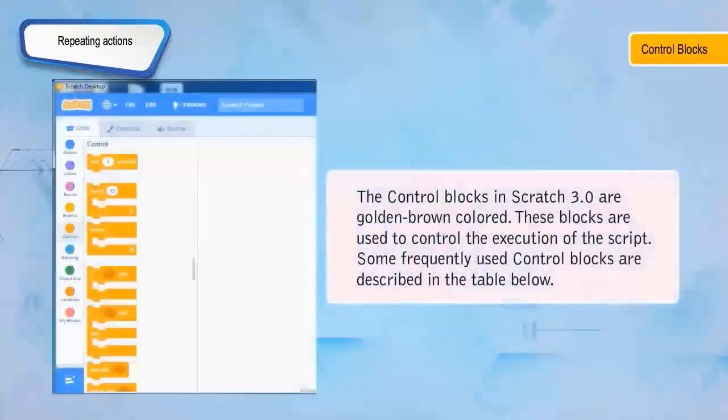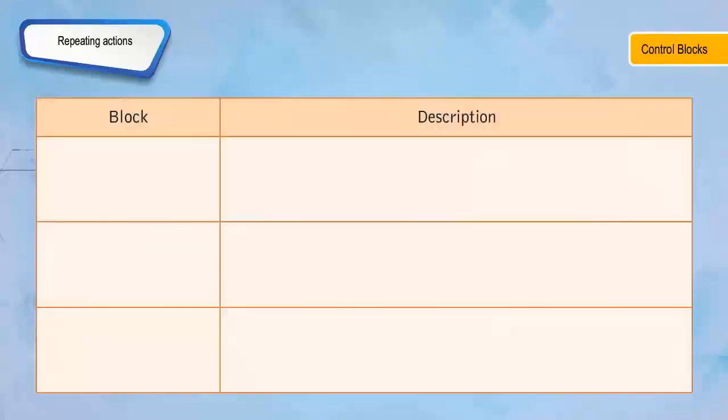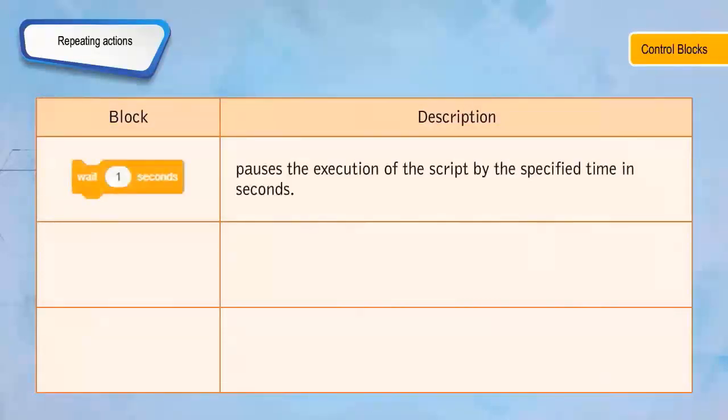Control blocks. The control blocks in Scratch 3.0 are golden brown colored. These blocks are used to control the execution of the script. Some frequently used control blocks are described in the table below. Block, Description. Pauses the execution of the script by the specified time in seconds.